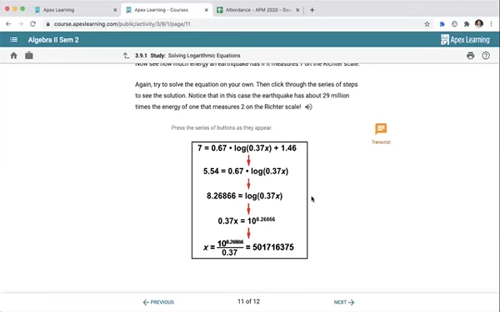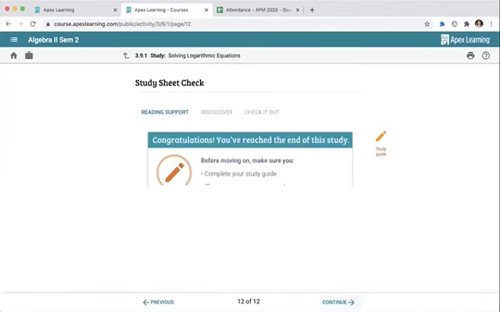It is 29 million times more energy than a 2 on the Richter scale. It is a very, very large difference between the amounts of energy. So again, a real world example of these logarithmic functions in action.